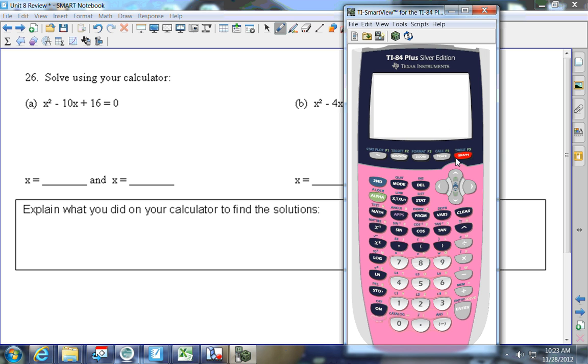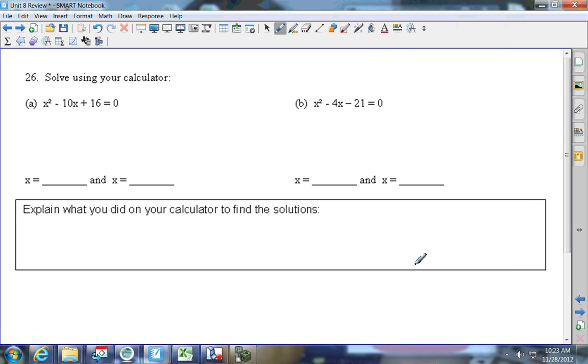But we can go in the table and look. Let's double check. We're looking to see where y is 0. Sure enough, 2, 0, and 8, 0. So your solutions are 2 and 8.